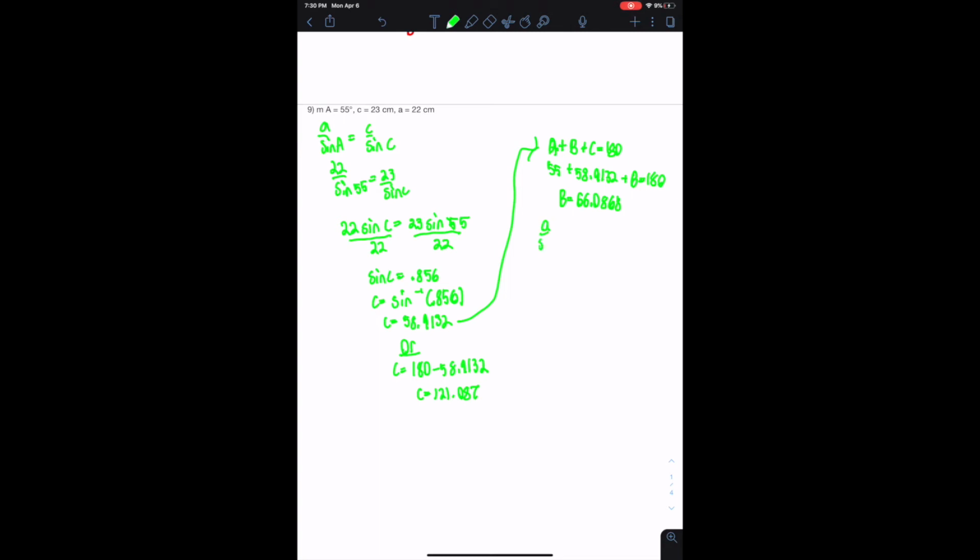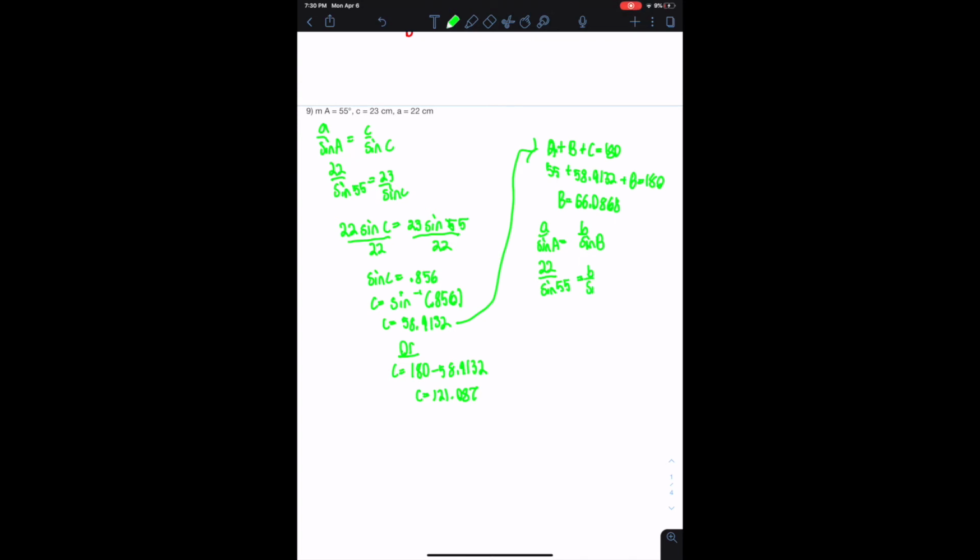So now we want to do a over sine A equals b over sine B. So we want to substitute the values. So 22 over sine 55 equals b over sine 66.0868.